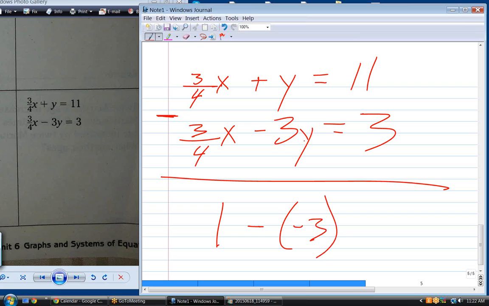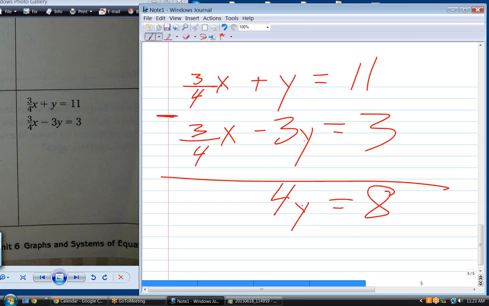Okay. In other words, you change all your subtraction. Here's the subtraction sign. So you want to change it to a positive sign. But if you do that, you have to change the sign of what was being subtracted. So now we have 1 plus 3. So this becomes 4y.